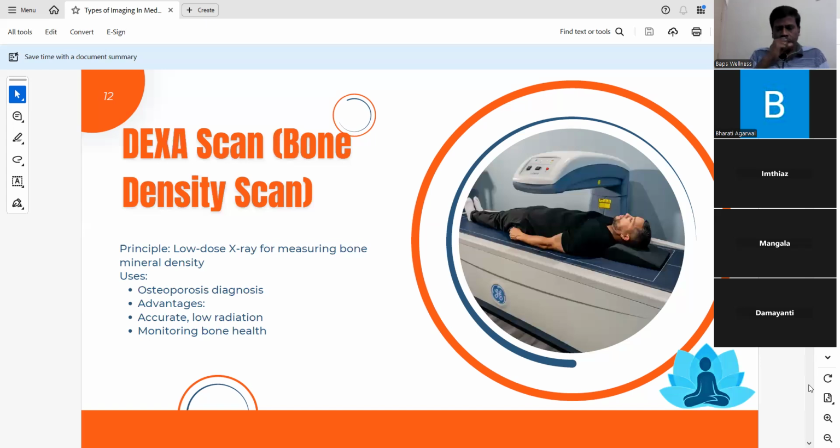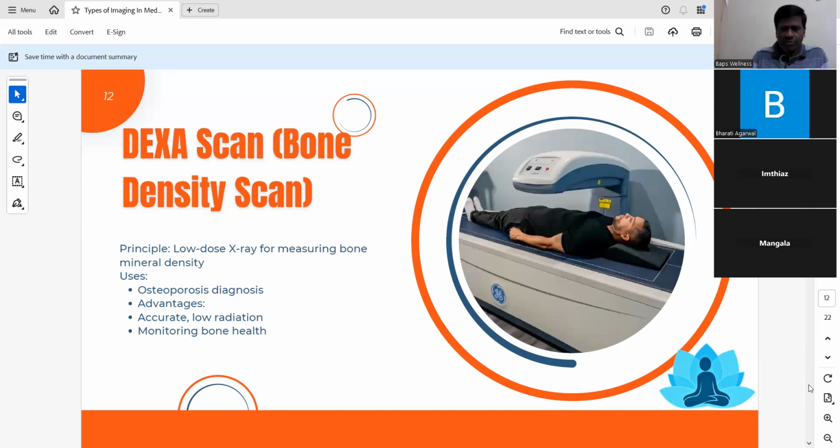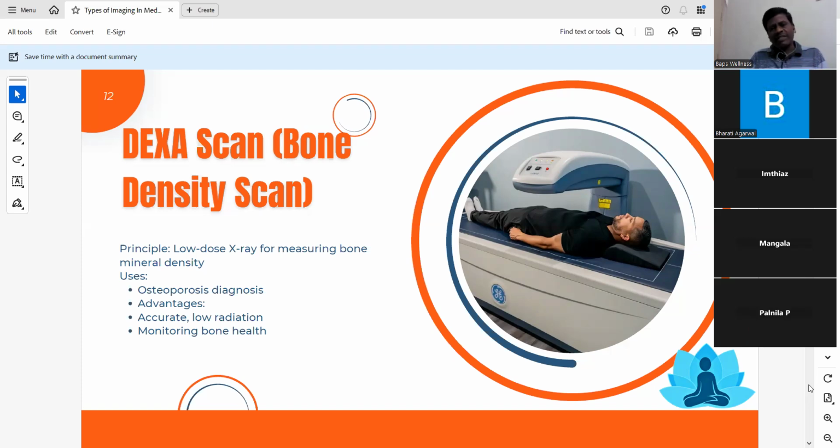Mainly this is used to diagnose the osteoporosis or osteopenia condition, mainly related to the bone condition, and also to assess the fracture risk because of the poor density or strength of the bone, especially used in elderly persons, mainly for ladies, where because of the low estrogen level, which is involved in vitamin D and also calcium metabolism in the body, that also has connections with the thyroid and parathyroid hormones.